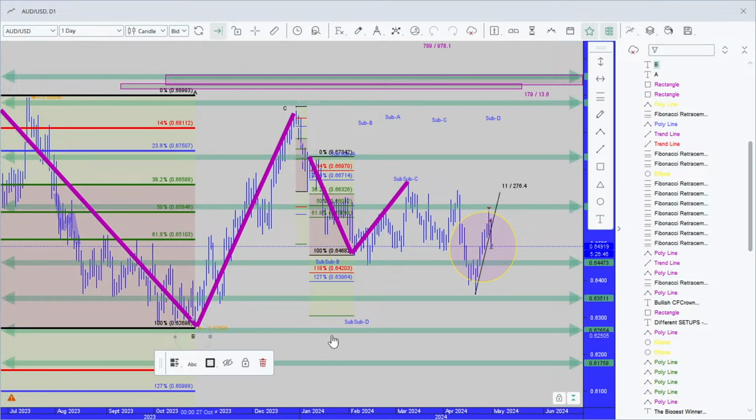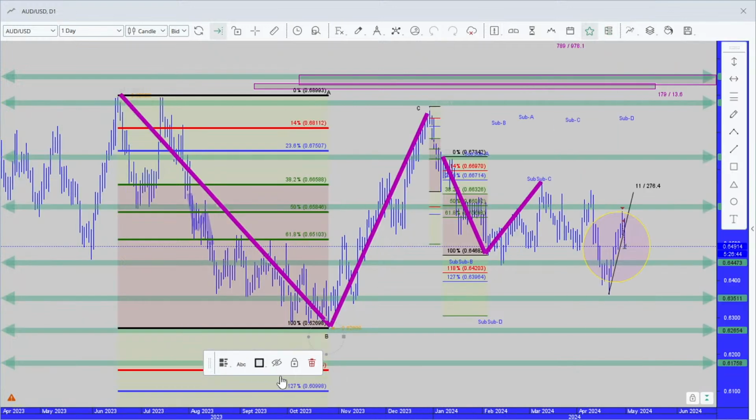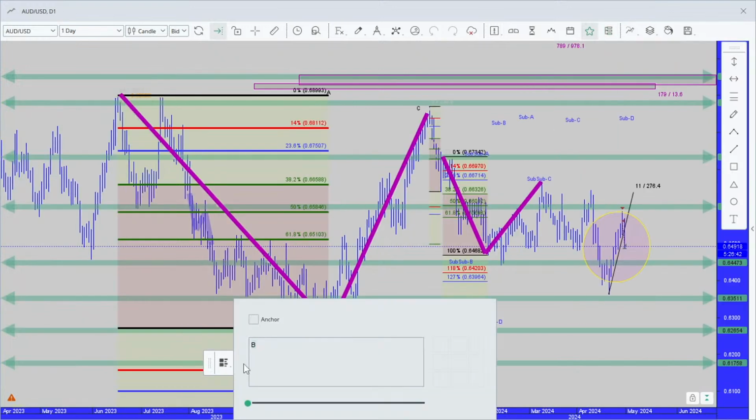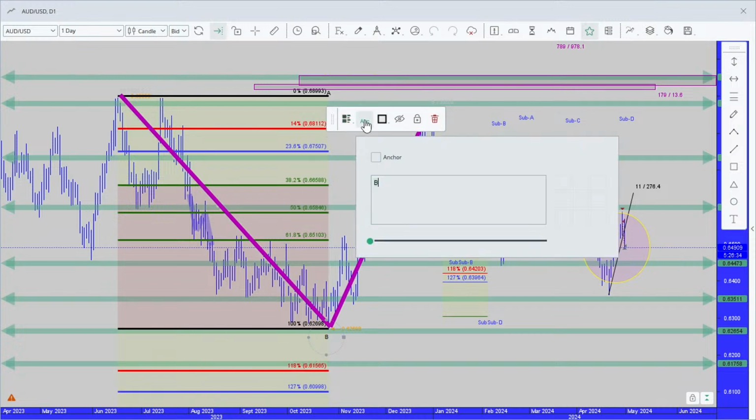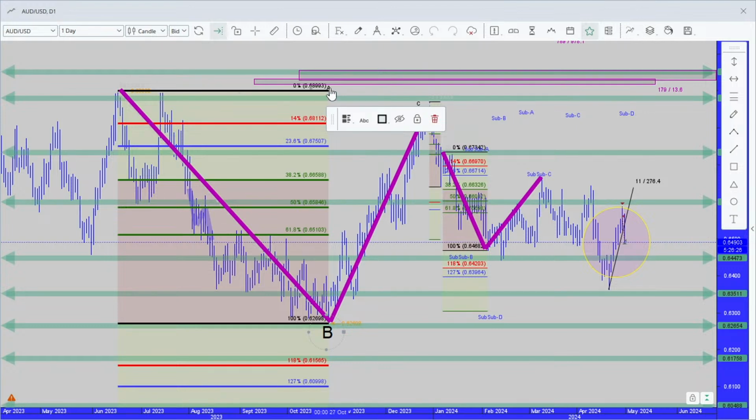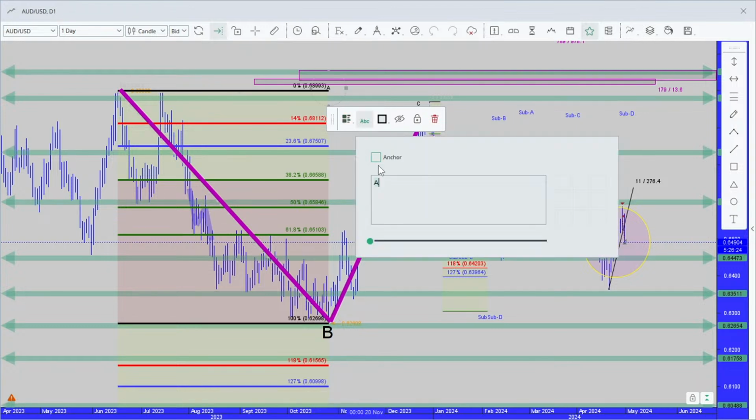And why is this so... I'm not sure about ABCD. What is this measuring? Oh, there you go. New feature. New feature.